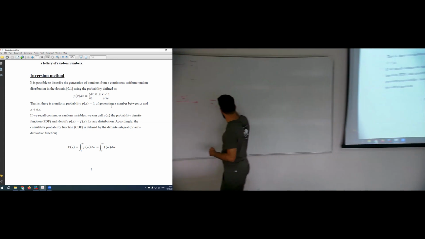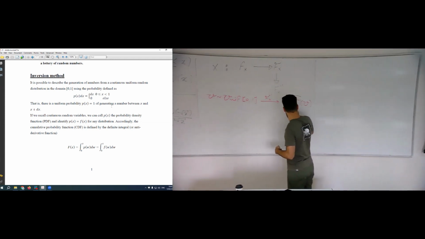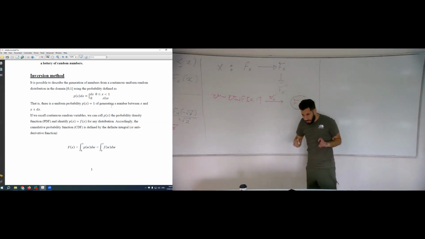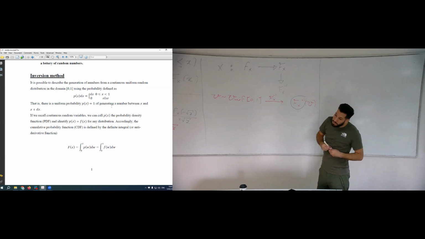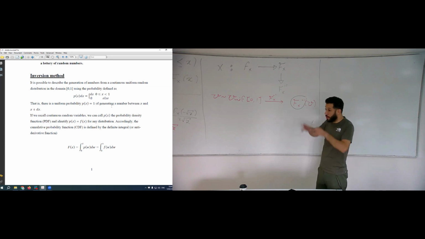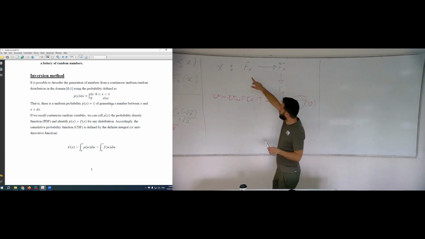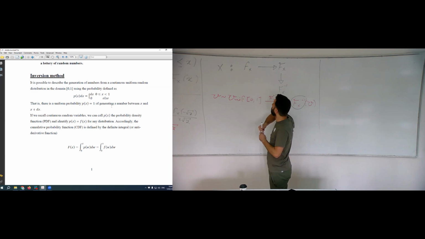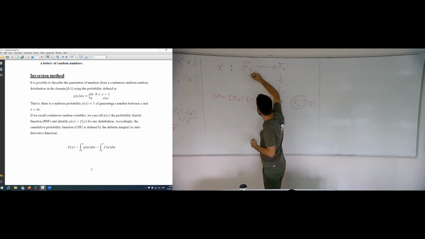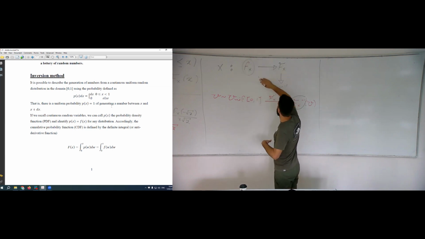Now don't forget that this is a function. Of course, it's some function which corresponds to a probability thing. Okay, but it's a function. So this is the density function. It's also a function. I calculate from it a function, which is a cumulative function of x.